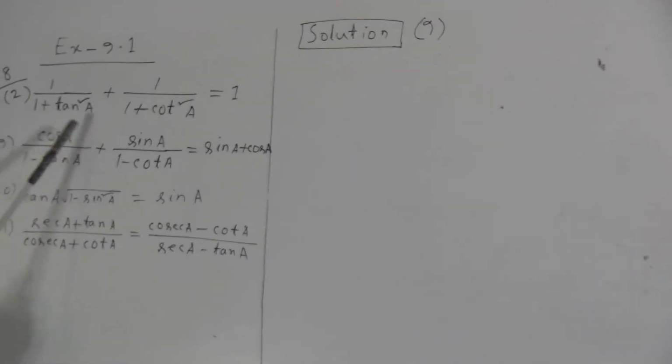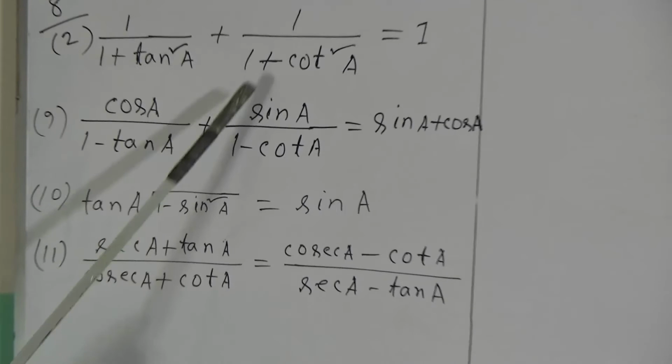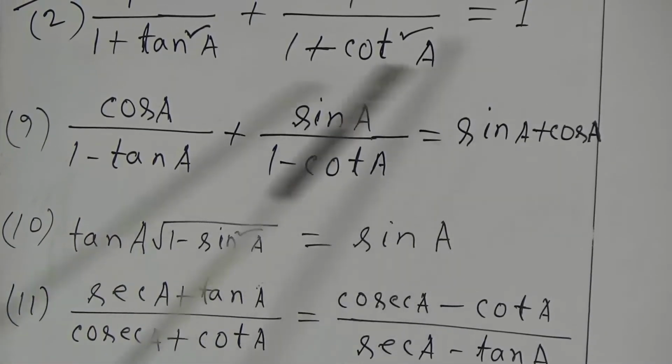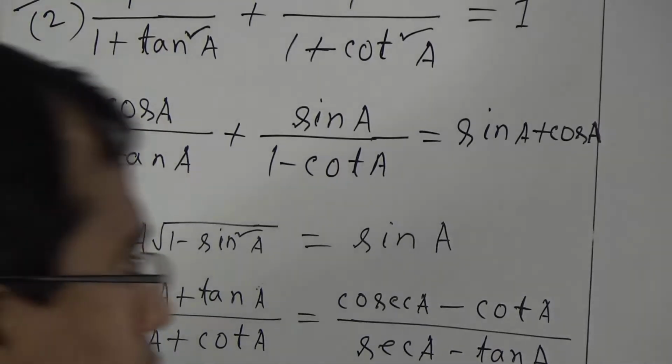Here 9 number question is cos A by 1 minus tan A plus sin A by 1 minus cot A equal to sin A plus cos A. We will write now left hand side.